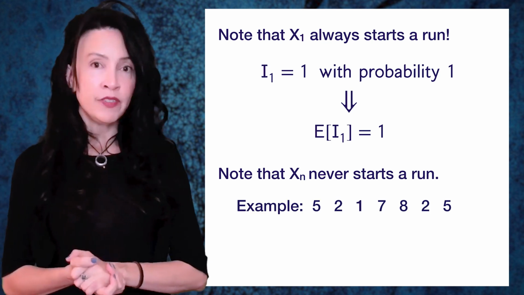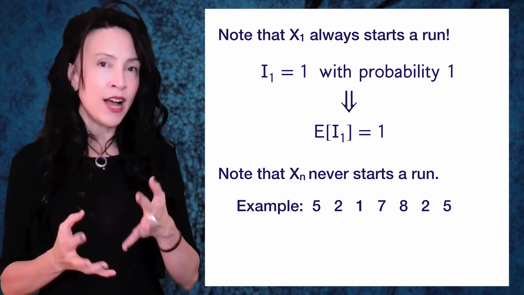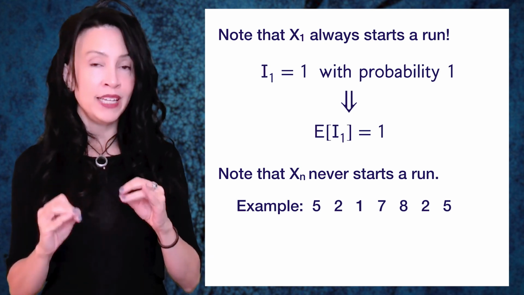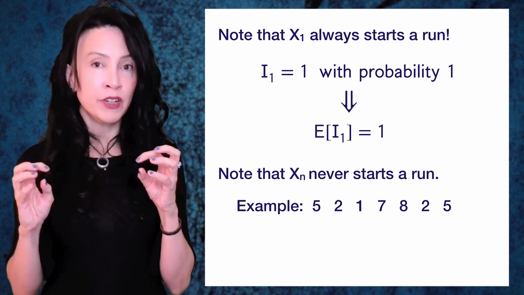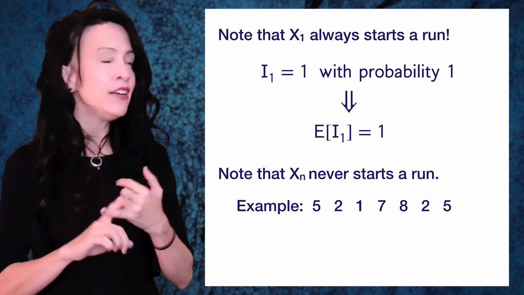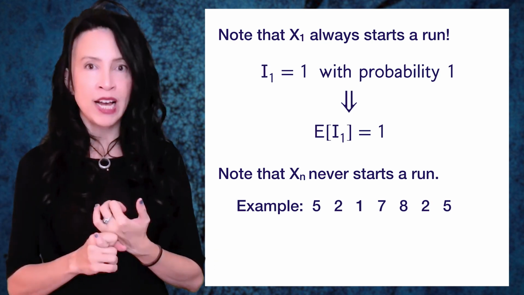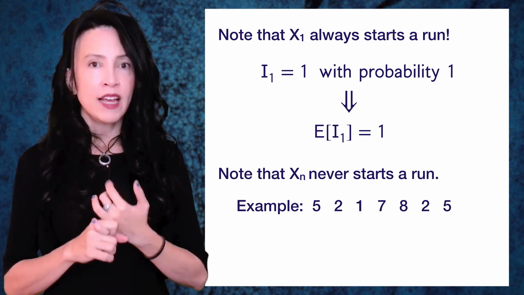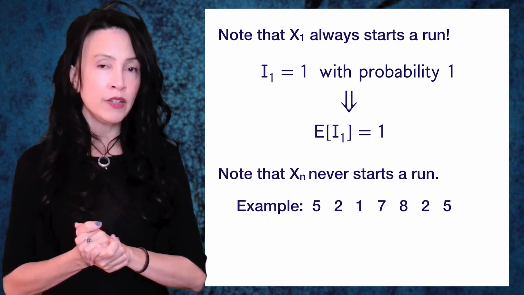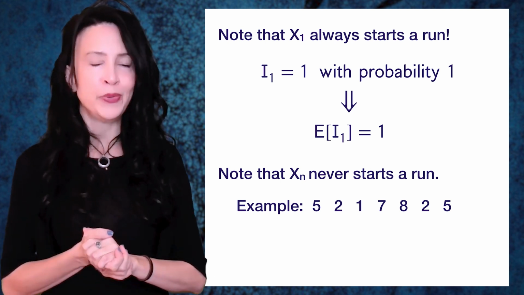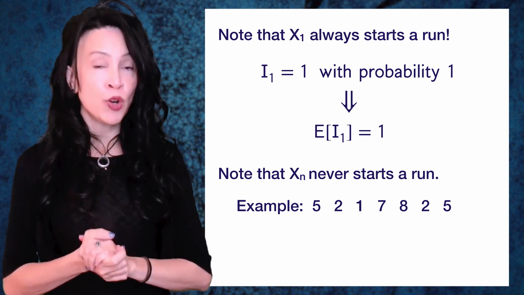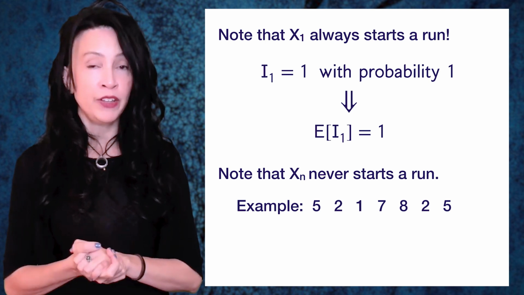So here's an example of numbers. Now, these are discrete, and we're not dealing with discrete ones because we don't want ties, but I thought this would be easier than writing down a bunch of decimal numbers. I just want to show ups and downs. Suppose I have 5, 2, 1, 7, 8, 2, 5. It looks like this first value starts a run down. So I1 would be 1, but I1 is always 1. And this second value is not starting a run because the run down is continuing to the third value.